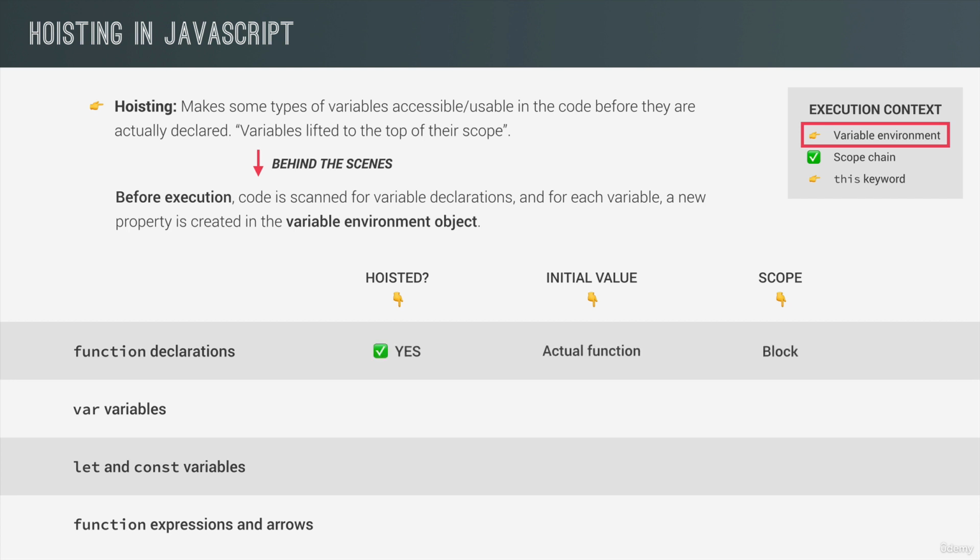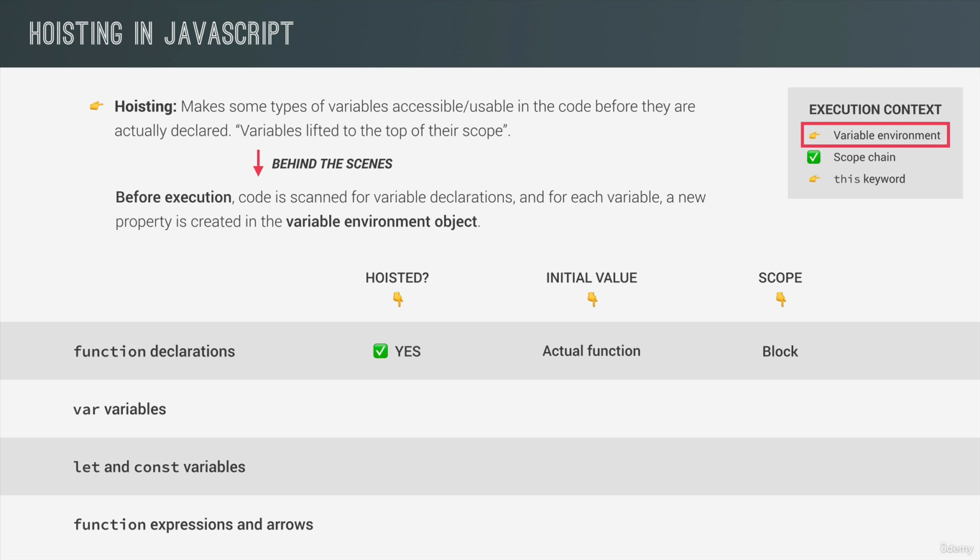So function declarations are actually hoisted, and the initial value in the variable environment is set to the actual function. So in practice, what this means is that we can use function declarations before they are actually declared in the code. Again, because they are stored in the variable environment object even before the code starts executing.